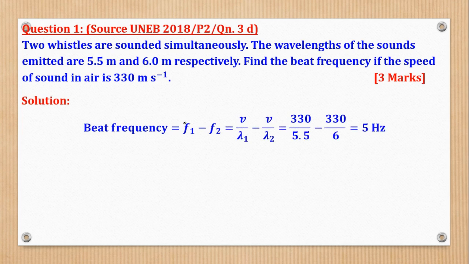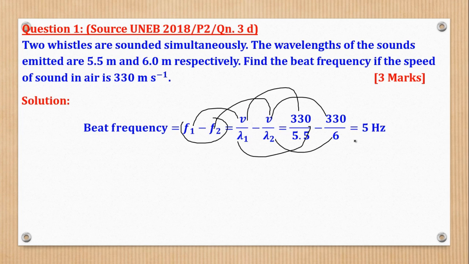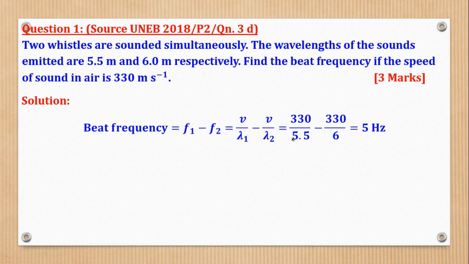So we know that beat frequency is the difference in frequencies. So it will be F1 minus F2. F1 is V over lambda 1. F2 is V over lambda 2. So substitute for V and lambda 1, V and lambda 2 to come up with this as the beat frequency.